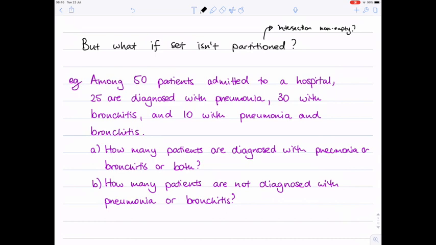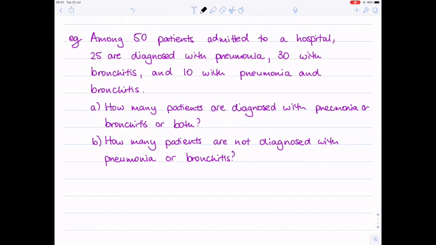So here's an example of that kind of problem. So we've got 50 patients admitted to a hospital. We know that 25 are diagnosed with pneumonia, 30 with bronchitis, and 10 are diagnosed as having both pneumonia and bronchitis. And the first question we'd like to ask is how many patients are diagnosed with pneumonia, bronchitis, or both? And then finally we want to ask how many have neither pneumonia or bronchitis.